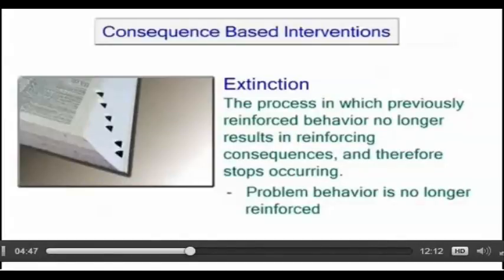So if problem behavior is maintained by access to a toy, then an extinction procedure would involve no longer giving the child a toy when he engages in the problem behavior. Extinction works by eliminating the functional reinforcer for the problem behavior. Therefore, it is important that the reinforcer is accurately identified through an FBA. Implementation of extinction is different for each function of problem behavior.